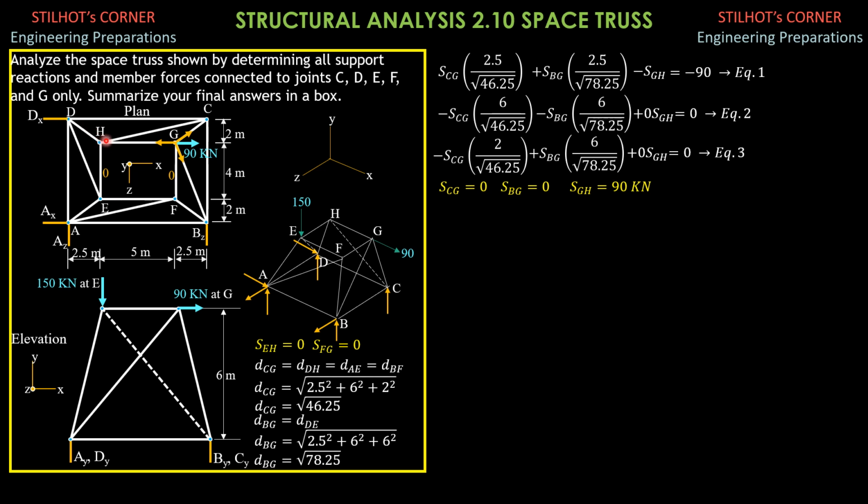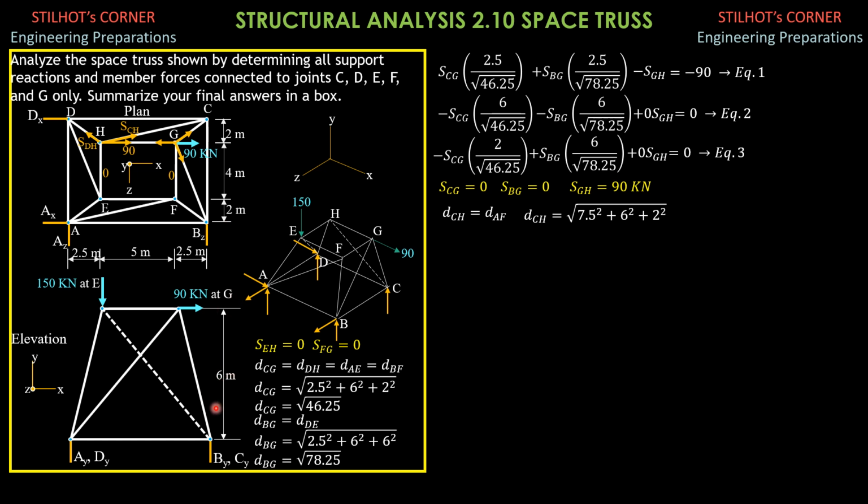We need distance CH, and distance CH is equal to distance AF, square root of 7.5 square plus 6 square plus 2 square. So these are the unknowns, and this is 90 kilonewtons. So 7.5 horizontally, 6 vertically.